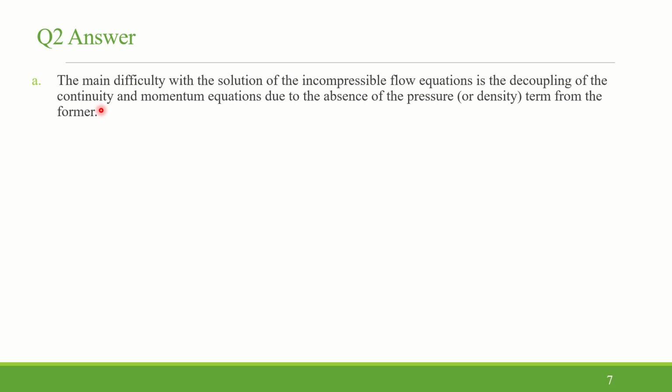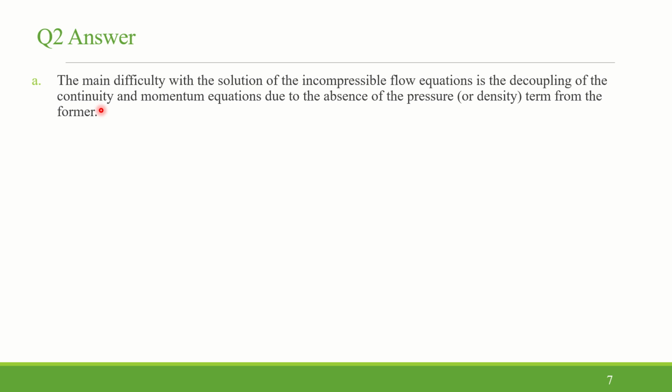But in incompressible flow systems, we take density as constant, and therefore it is not present in the continuity equation. So for the general continuity equation, it will be like dou by dou x of rho u, dou by dou y of rho v plus dou by dou z of rho w equal to 0. But now since rho is constant, the equation becomes del dot u equal to 0.